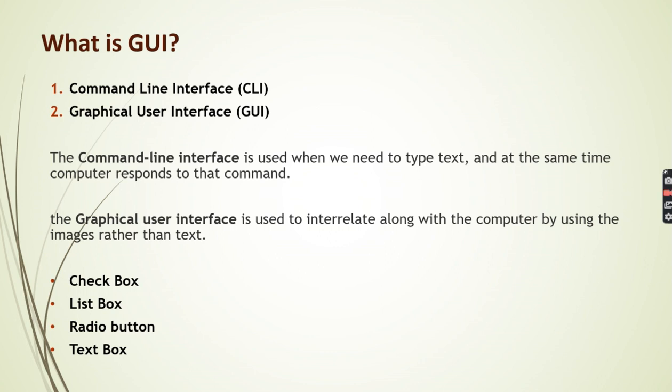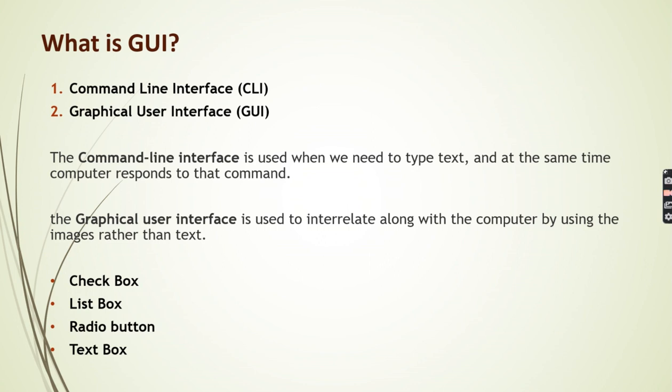The command line interface is used when we need to type text and the computer responds to that command. On the other hand, the graphical user interface is used to interact with the computer by using images rather than text. Some critical GUI elements used for communication between the user and application are checkbox, list box, radio button, and text box.